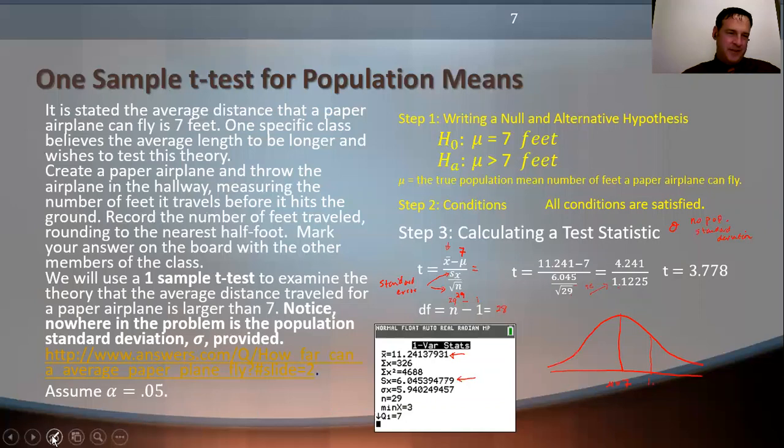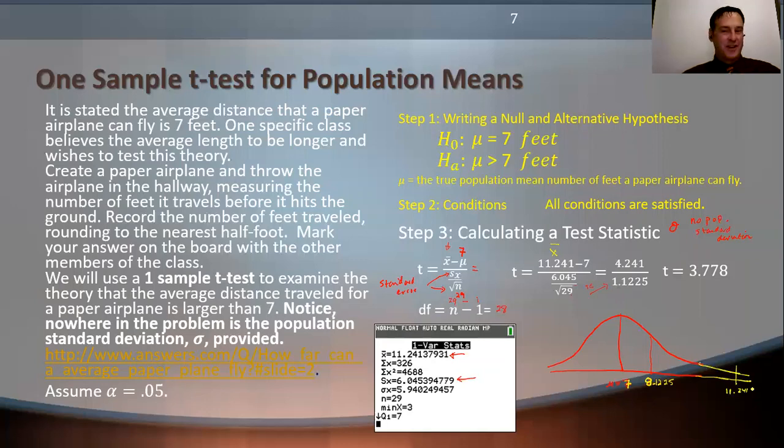I'm going to add that to the 7 here, so this actually becomes 8.1225. And my x bar, which is right here, is 11. And so 11, if I were to keep going, is way, way out here. I'll just approximate that.